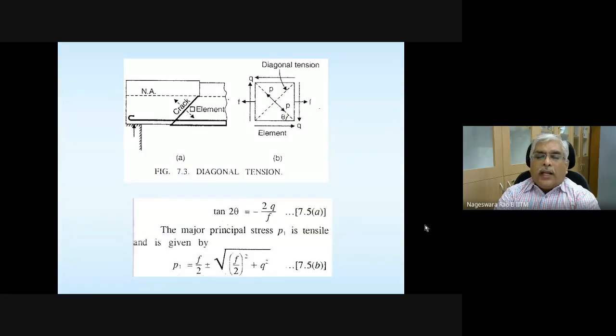Can you quickly try to draw how the shear force diagram and the bending moment diagram are going to be for a simply supported beam subjected to uniformly distributed load? Bending moment is going to be maximum at the mid span and 0 at the supports.